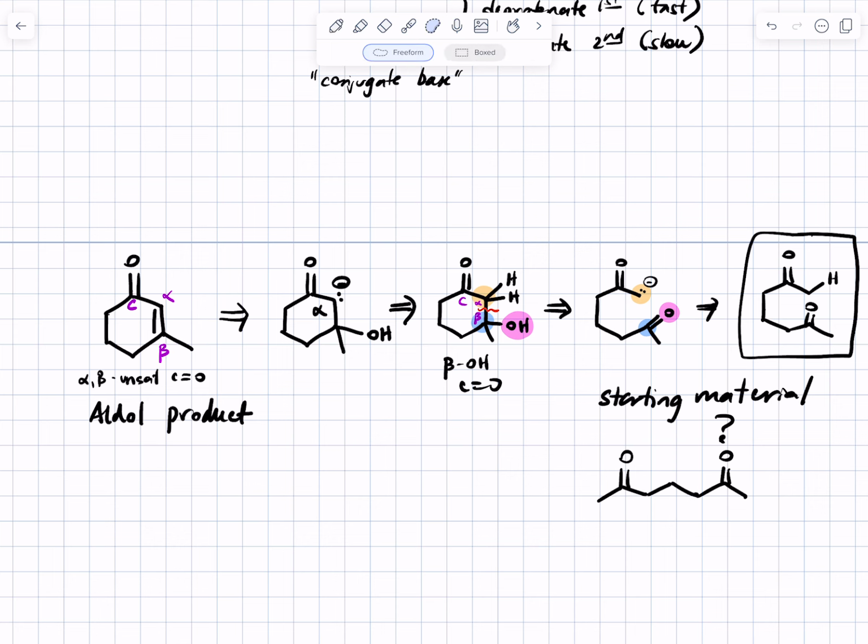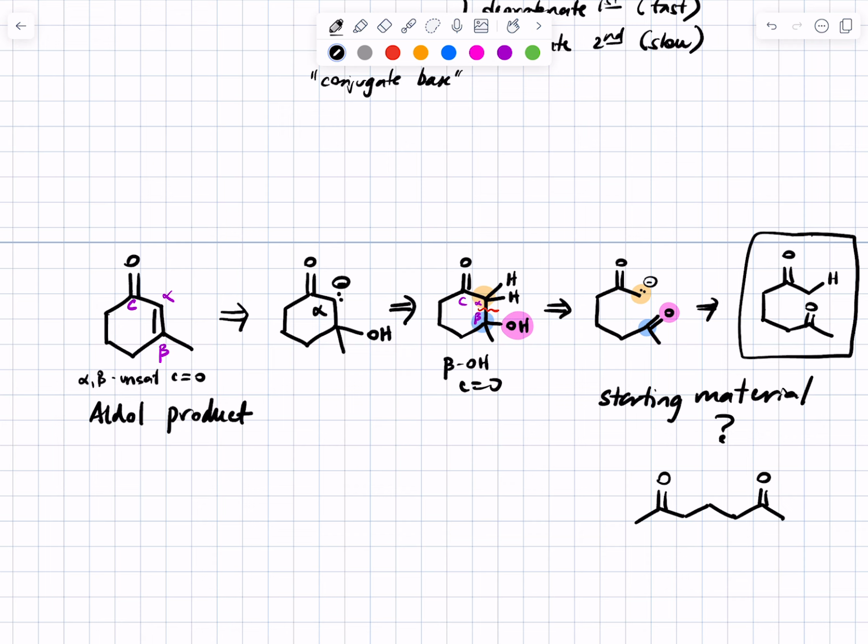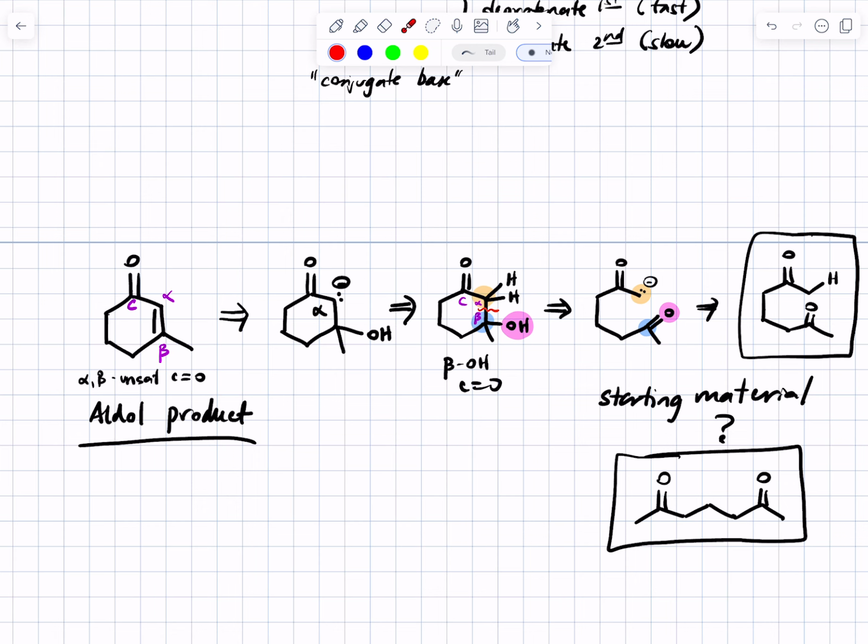Now, I'm pretty sure that when you looked at this product, this aldol product, the correct starting material was not in your mind. Nevertheless, on an exam, I can show you this and say which of the following is the starting material to make that from the aldol reaction, and you better pick this, right? So if that's not obvious to you, you need to work at it until you get it.